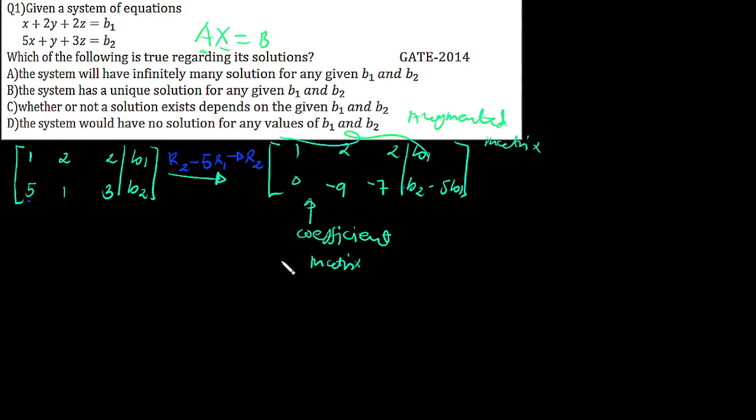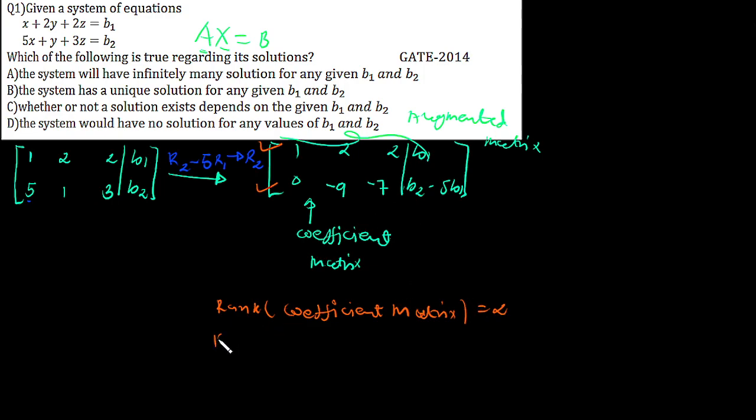Now I can say the rank of the coefficient matrix here is 2, because it has two non-zero rows, the first row and the second row. In other words, the first row and second row are linearly independent for this coefficient matrix. So the rank of this 2 cross 3 matrix is 2.